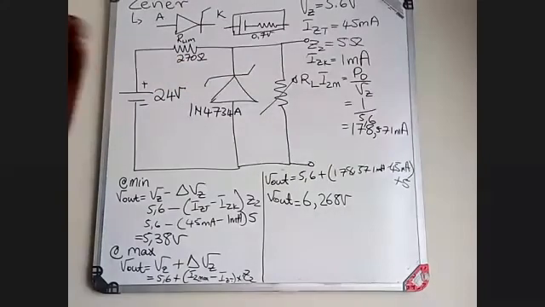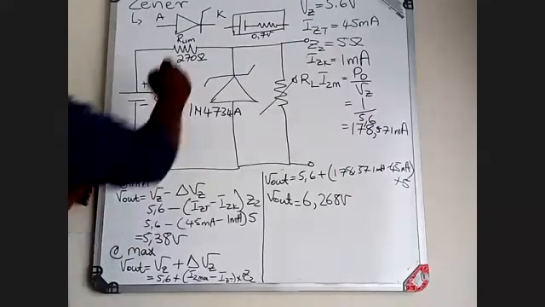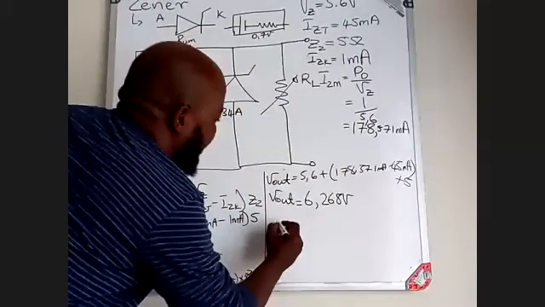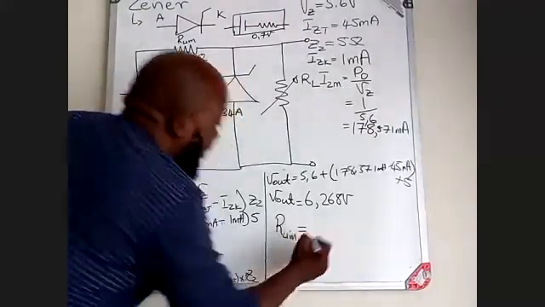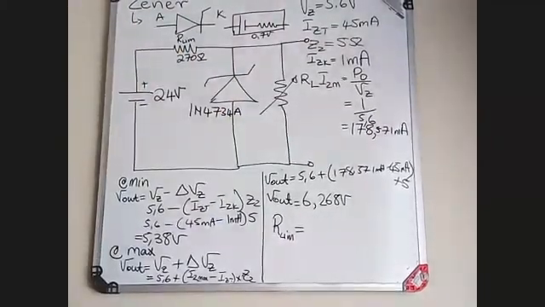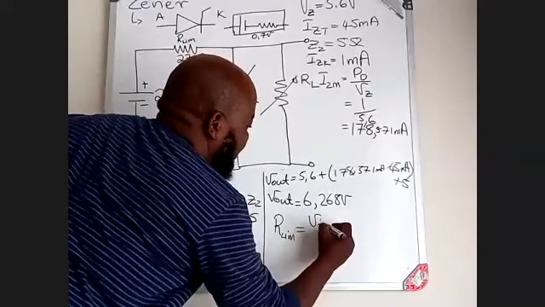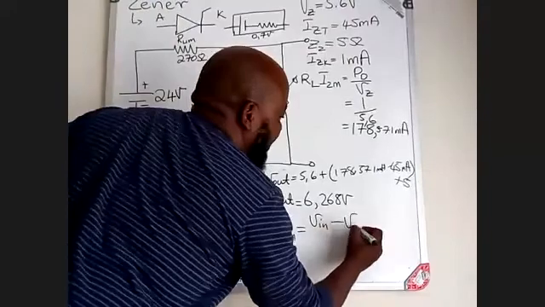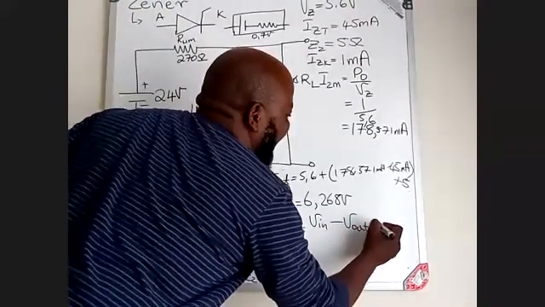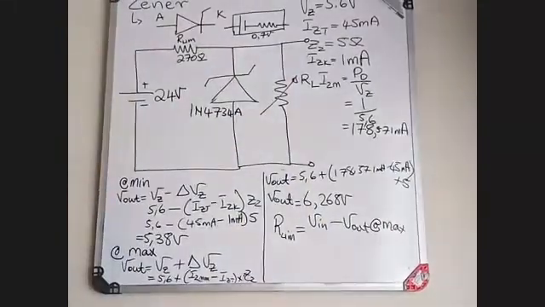If this is not given, it can be determined, and it is going to be your R of limiter. If it is not given, R of the limiter will be given as your V in minus your V out at maximum. Do we understand each other?